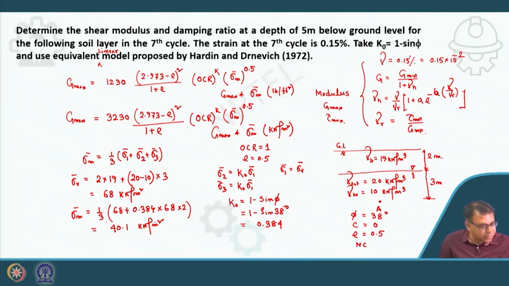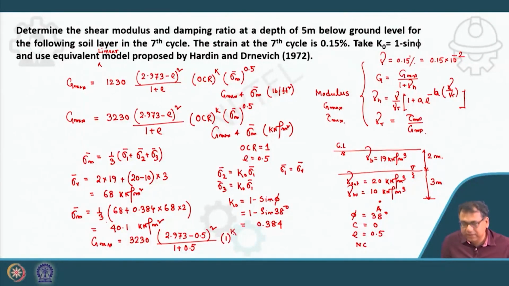So now if I put this value in this equation, I will get Gmax equal to 3230 into (2.973 minus 0.5) to the power whole square, divided by 1 plus 0.5, because the e value is 0.5.